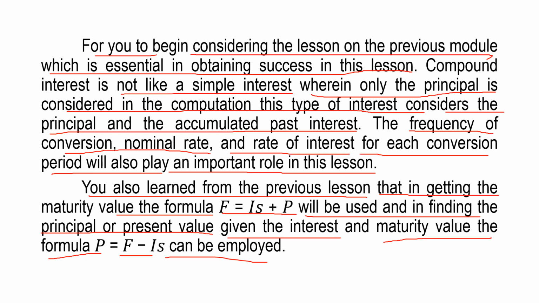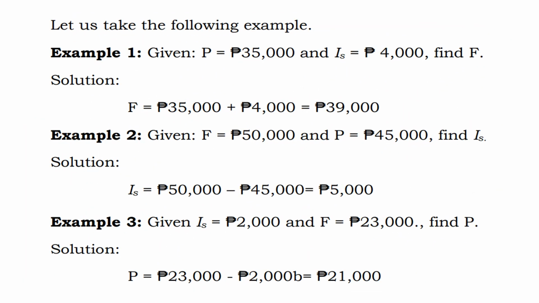Considering that there are two known values in the formula, we just manipulate the formula, transpose the unknown value to one side, put all the given values on the other side, and apply the operations to get the value of the unknown for the kind of problem being given to us.